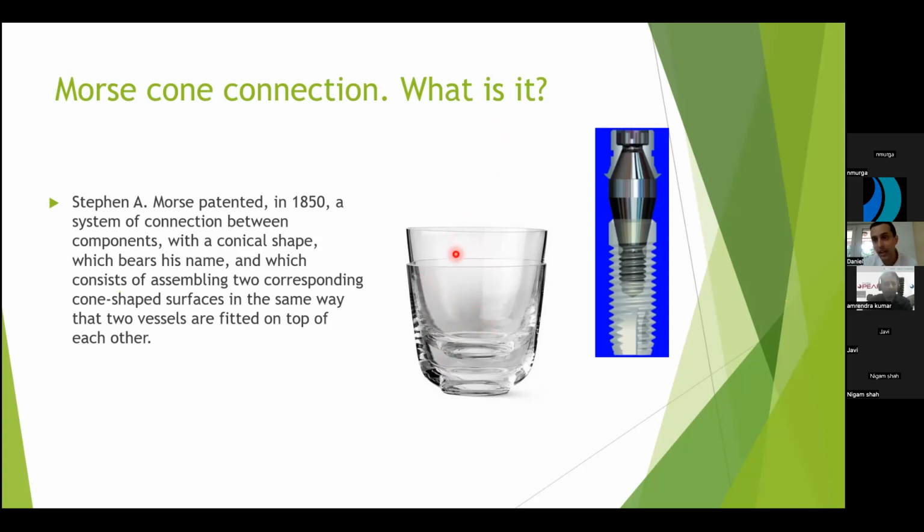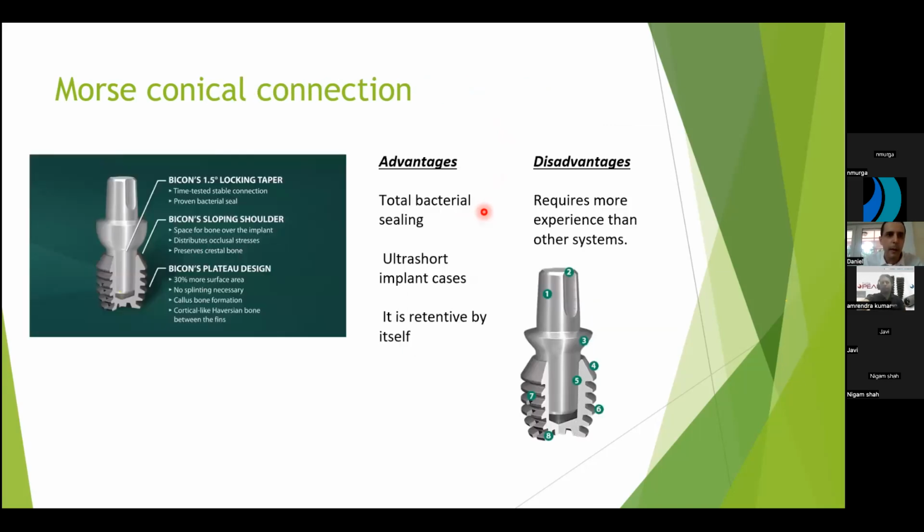With the conical connection, the difference is that we have this kind of Morse connection, but it's not as marked as in this case, and we always need a prosthetic screw to secure the crown. So that's the difference between the Morse connection and the conical connection, which most people don't know exactly, but this is the difference. So I think that it is quite important to know it.